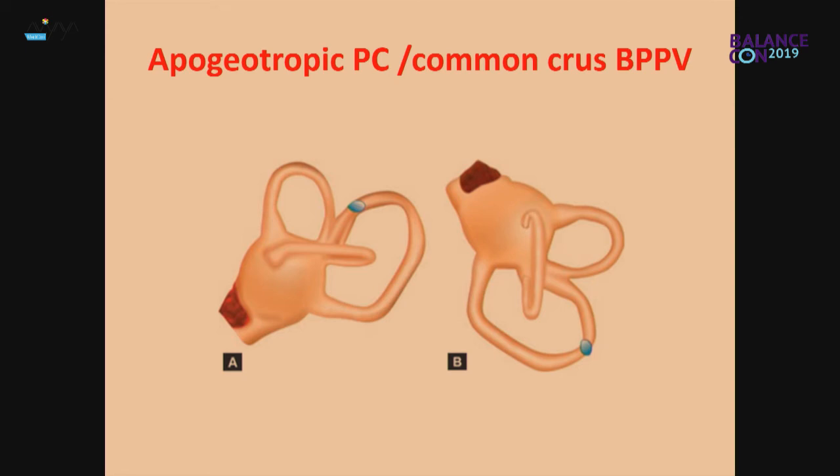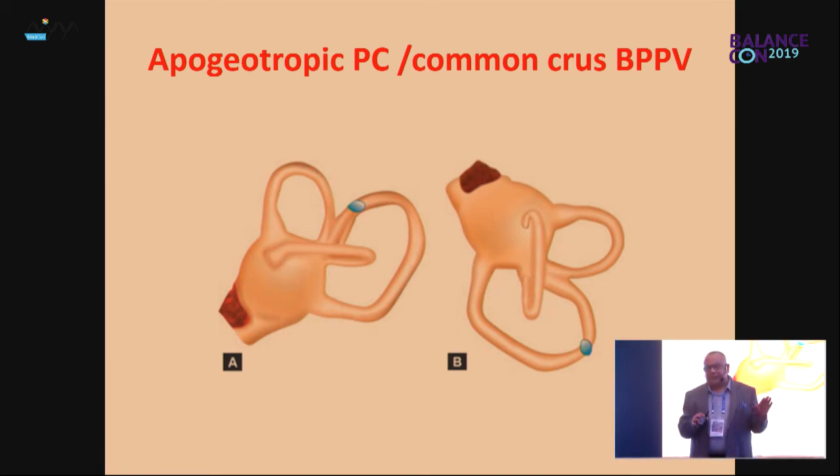Okay, apogeotropic or common crus BPPV. Yesterday, Dr. Sandeep was talking at dinner about how he's now seeing more cases of apogeotropic posterior canal. Simply, apogeotropic, geotropic, or posterior arm, anterior arm canalithiasis is a very clear concept with the lateral canal BPPV.